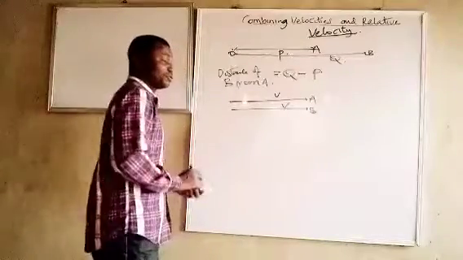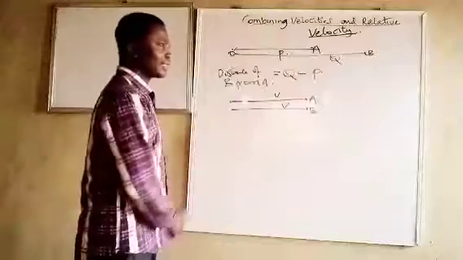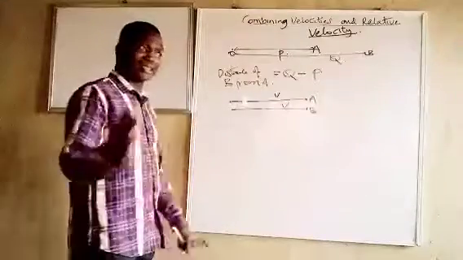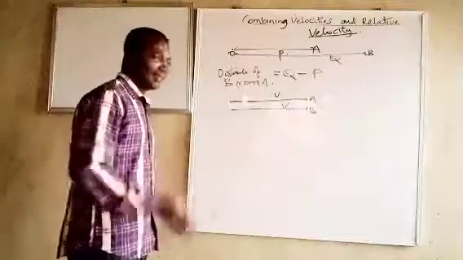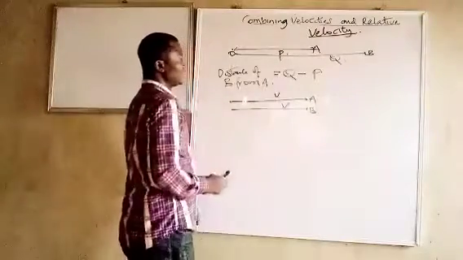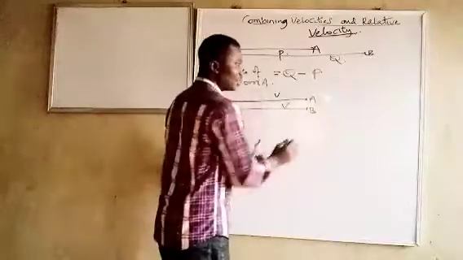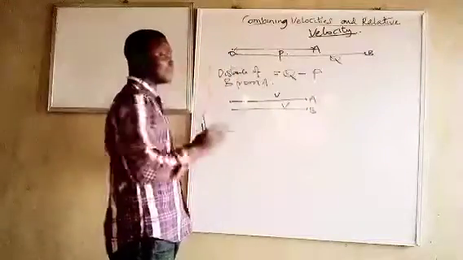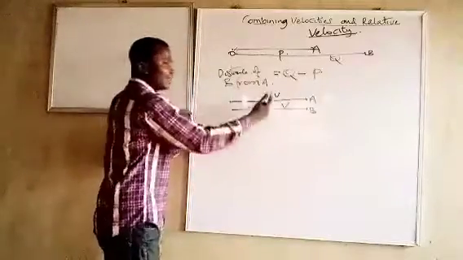I've seen two different people in different vehicles moving, shaking hands. Why? Because their velocity is the same. So it will be like they are in the same vehicle. When the velocities are the same, the relative velocity is 0. Their positions are still maintained compared to each other, but somebody outside still sees them as moving.